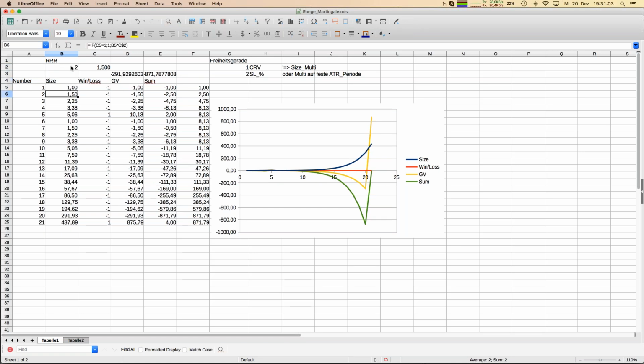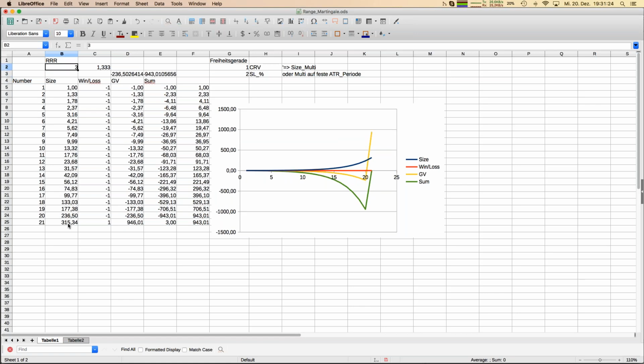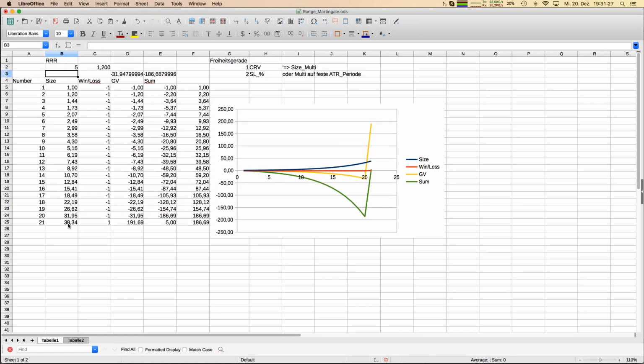And even if I take out the winner here and go back to a loser sequence of 21 losers, from our original factor of 1 million, we are now down to 3,000. That's still a huge number, I know. But maybe we can go for a risk-reward ratio of 3 or 5. And then those numbers of our final risk value come down to levels which I think are still doable in a real account.